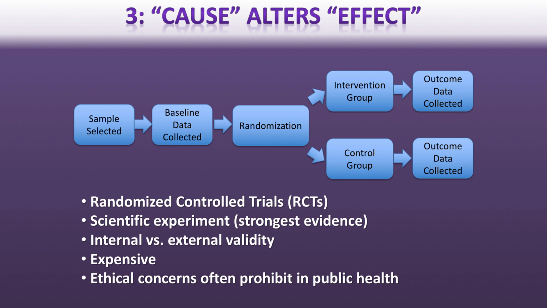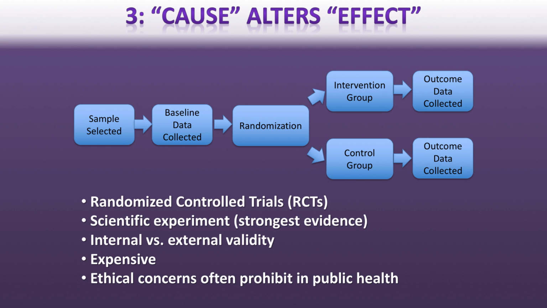Because you've randomized between the intervention group and the control group, those groups should be roughly, on average, the same, right? It should control for a lot of these confounding factors, okay? So there's a real virtue to doing it this way, and it's a very strong study type.